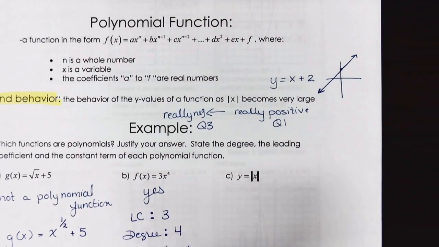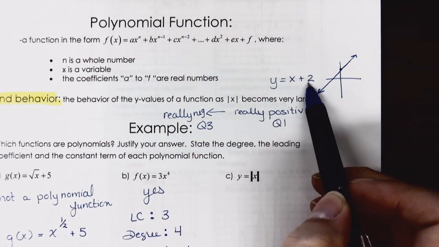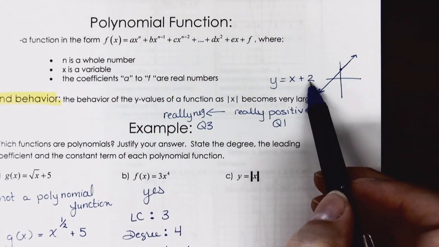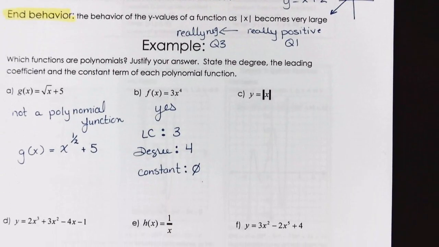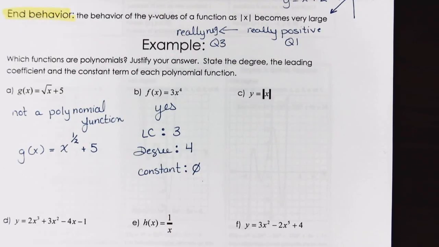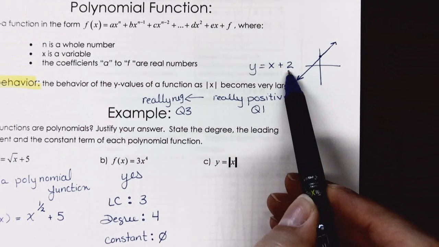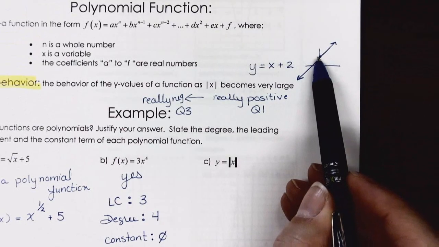Like the point starts at 0 in the y. Okay, the y-intercept is the constant, right? Just like this one, when it's plus 2, the y-intercept is here.